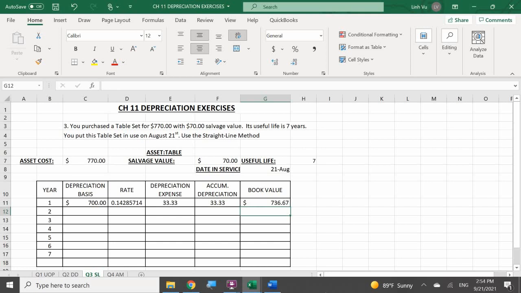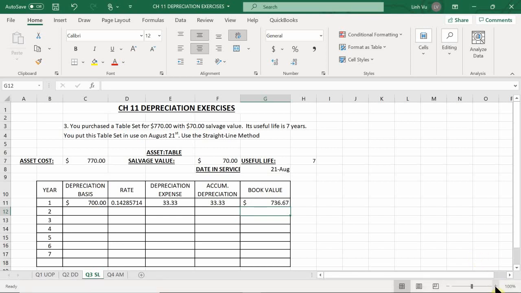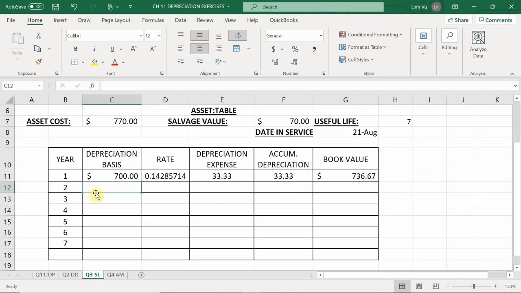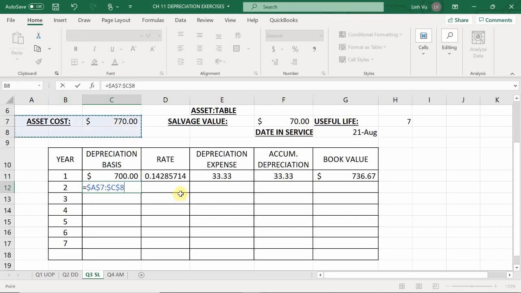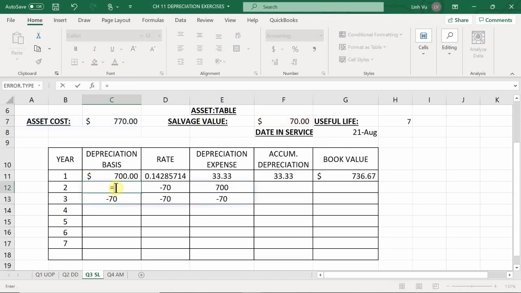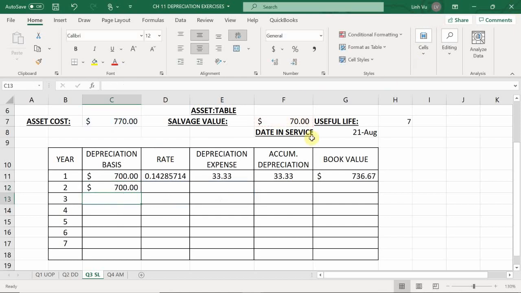All right. So let's solve for the depreciation expense for year 2. Here we note that the depreciation basis is going to be, once again, your asset cost of $770 minus your salvage value of $70, which gives you a total of $700.